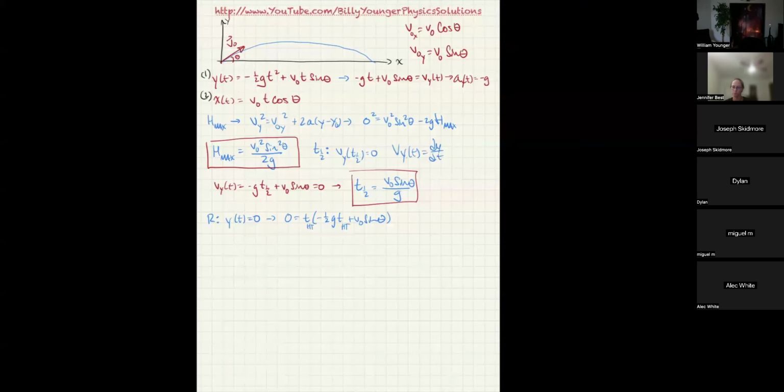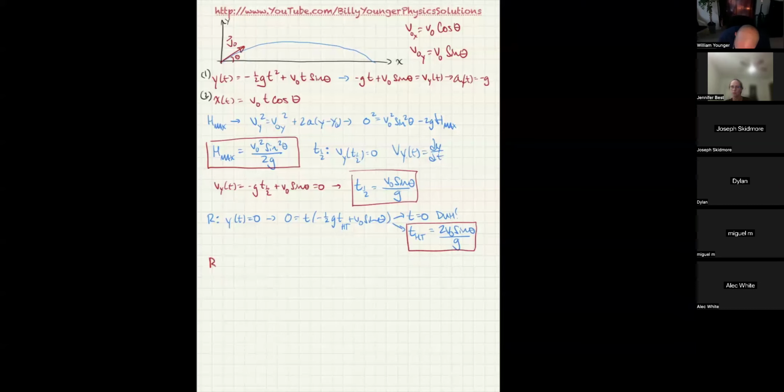One of those will be. In fact, I'm going to go ahead and get rid of that one. So this gives us specifically that t equals 0, and I'll say again, duh. And it also says that t hang time is actually equal to 2v0 sine theta over g. Notice it is exactly twice as big as t 1/2.